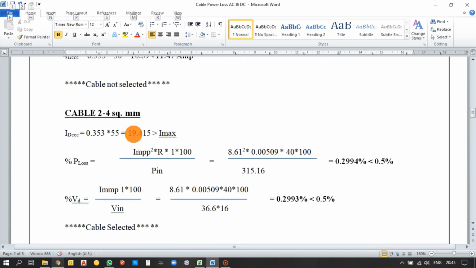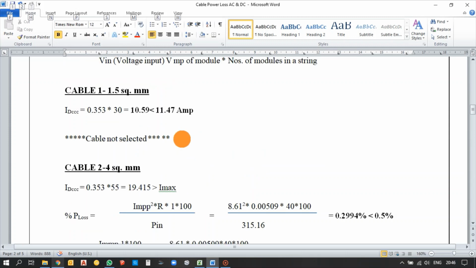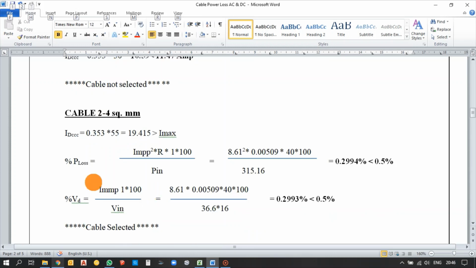And going for the next cable, it is 4 square mm. Its derating current is 19.41, which is more than the maximum current. Our maximum current is 11.47, so it is fine. Now going for percentage of power loss: equating with IMP square R L into 100 divided by the power, we will be getting the percentage of power losses as 0.299, which is less than 0.5%, so the power loss is also okay.